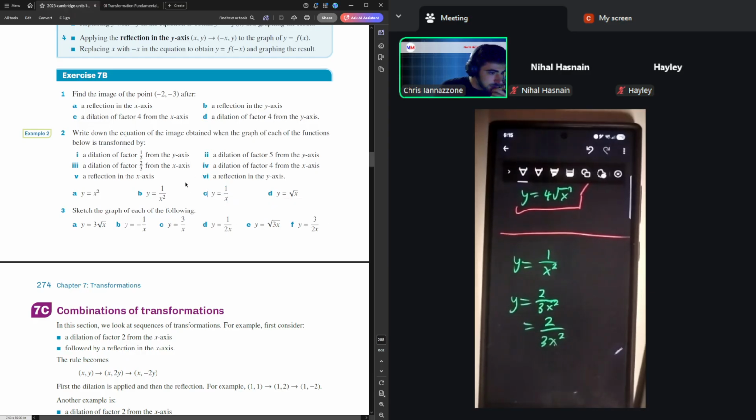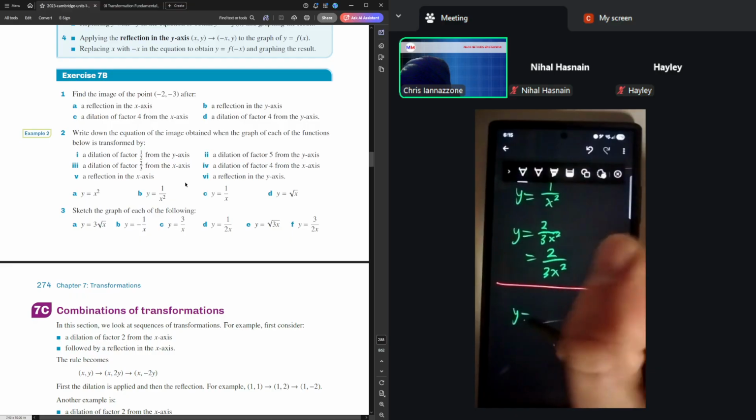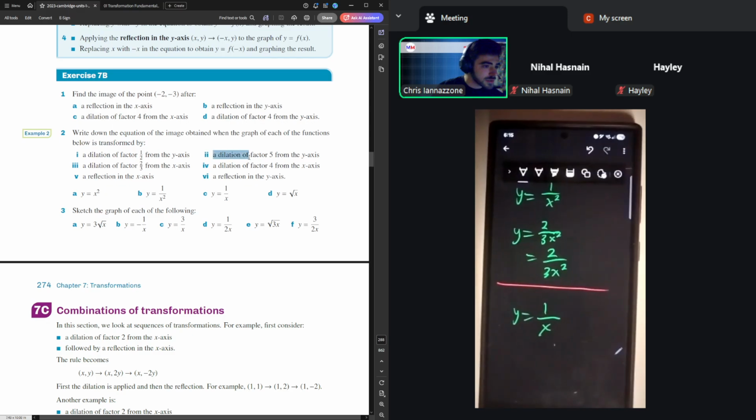Lastly, we'll do the hyperbola. So that'll be y equals 1 over x, and we'll do double I, dilate factor of 5 from the y.